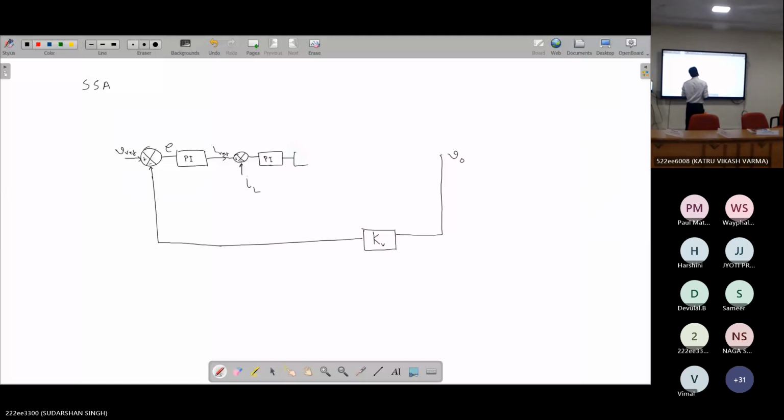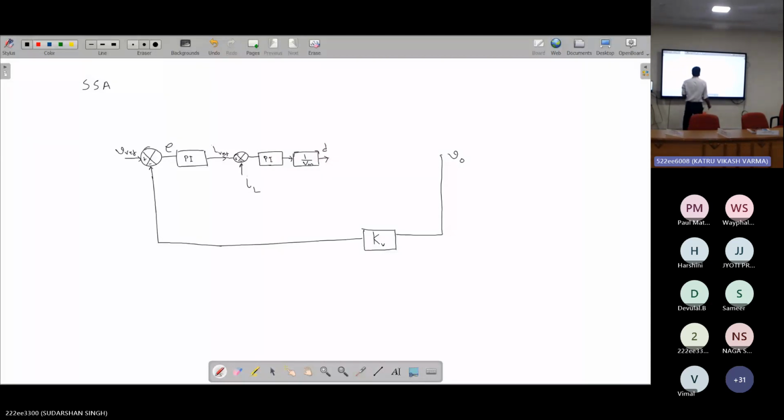If you find out the linear model of the PWM technique, it is basically 1 by Vm, where Vm is the peak to peak value of the sawtooth waveform. So this is your 1 by Vm. Then we are getting the duty ratio.